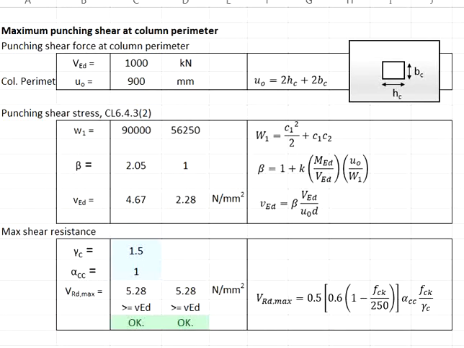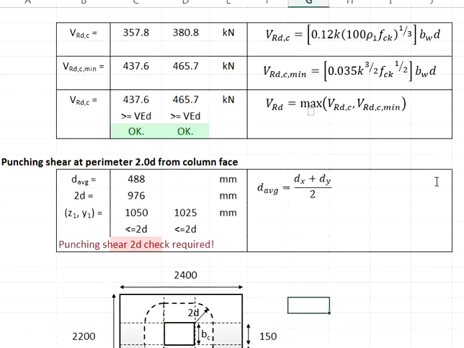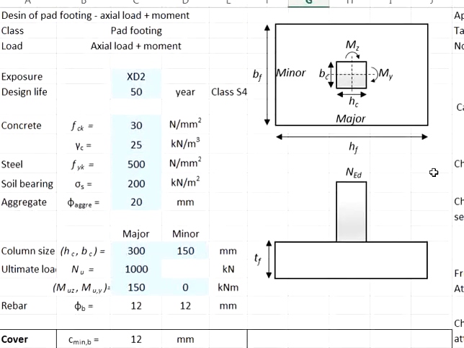In order to check the maximum punching shear, first we need to determine the shear force. The shear force can be determined from the ultimate axial loads from the column, which given in the question equals to 1000 kN.